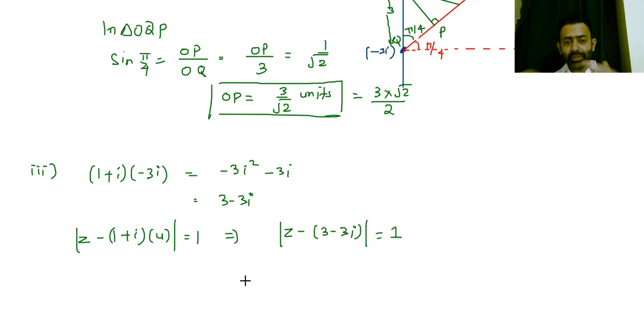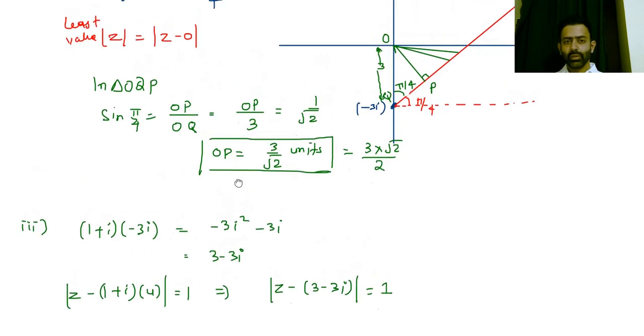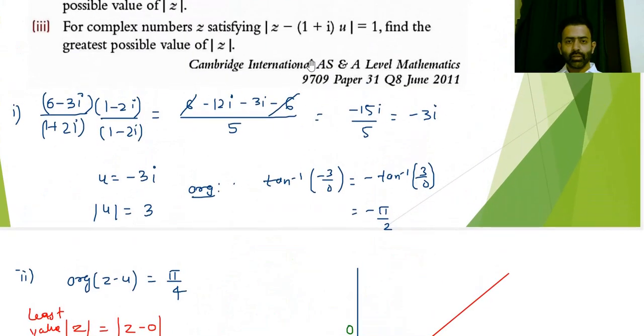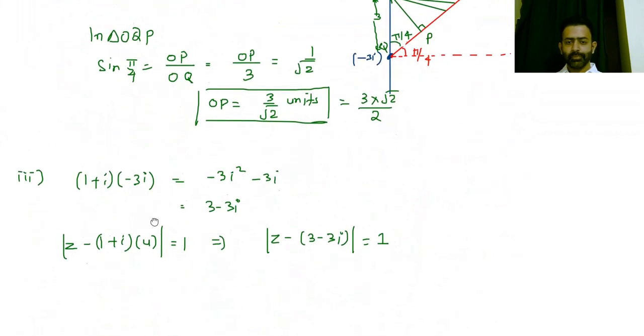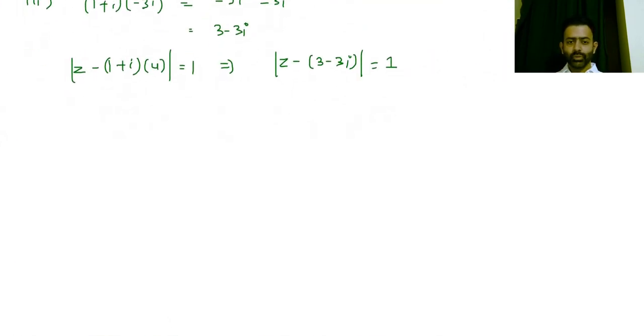Right, now we have to represent this in an Argand diagram. Why? Because we have to find out the greatest value and the least value, I think. No, the greatest possible value. Okay, so let us draw another Argand diagram.